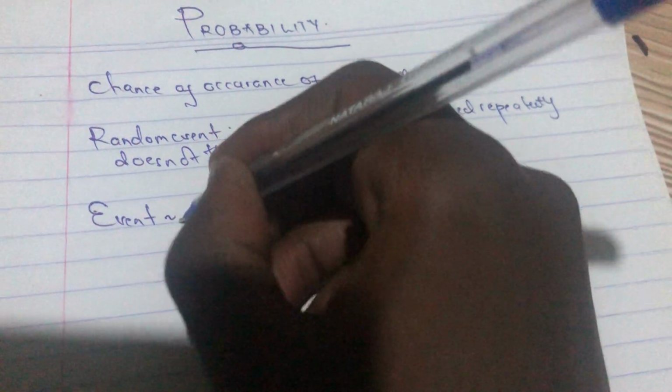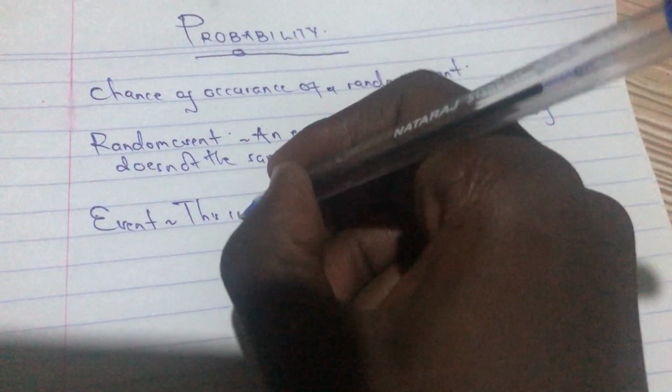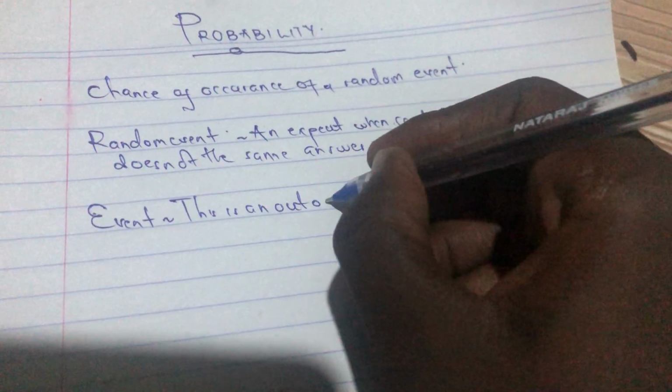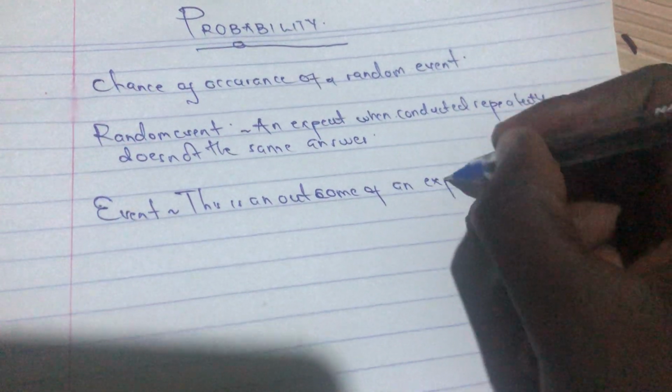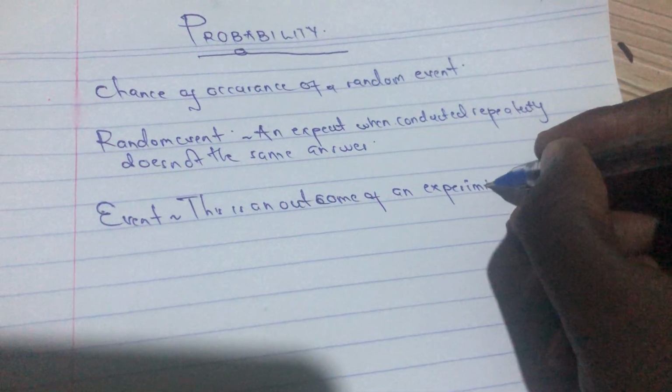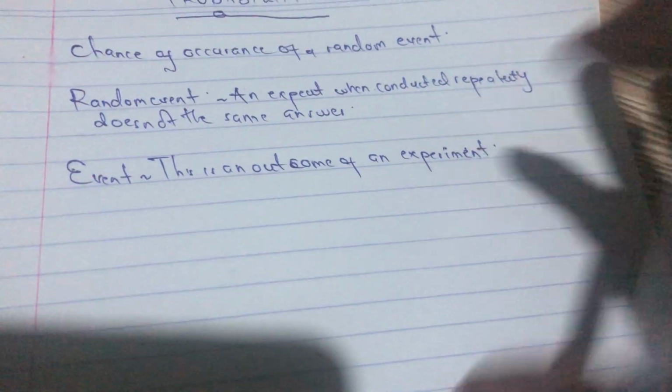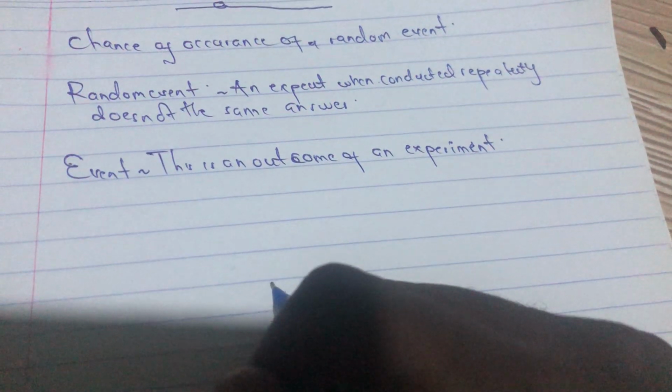And then we also need to know what an event is. An event is an outcome of an experiment. Are we together? So an event is basically an outcome of an experiment.